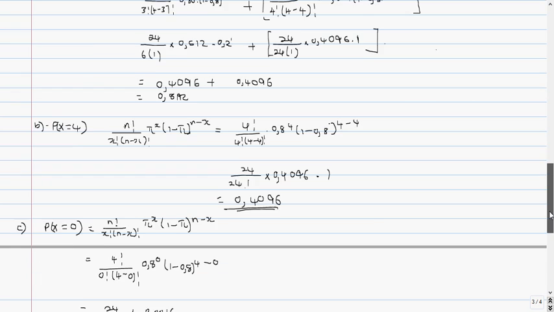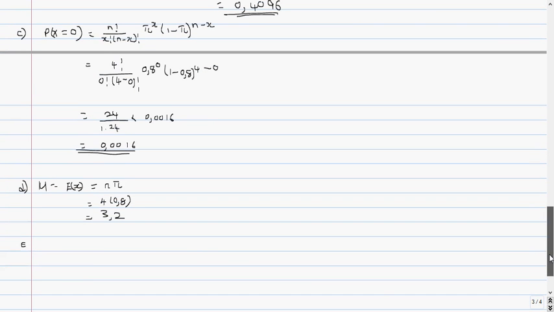So the variance of x is equal to pi times n times 1 minus pi, like that.